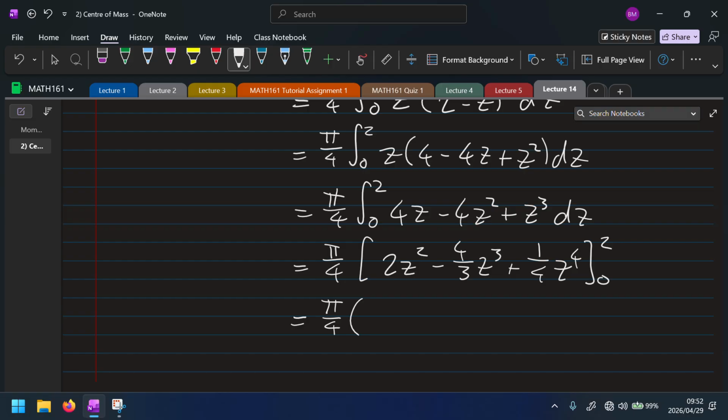Okay, so the first one, 2z squared, what do we get? 8. Next one. No calculators. We need to work on no calculator usage.